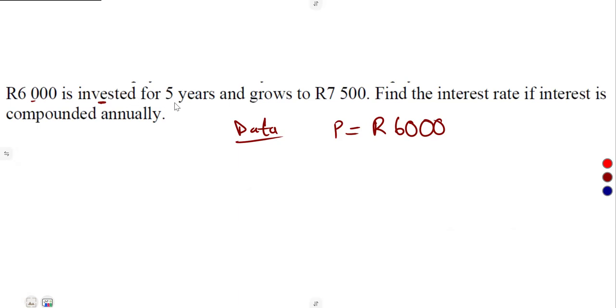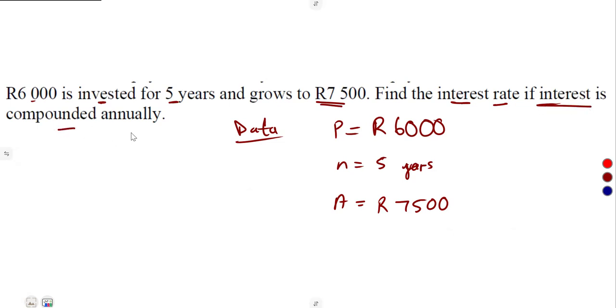It is invested for 5 years, the number of years being 5, and grows to this value. That's our accumulated amount. It grows to 7,500. Find the interest rate if the interest is compounded annually.